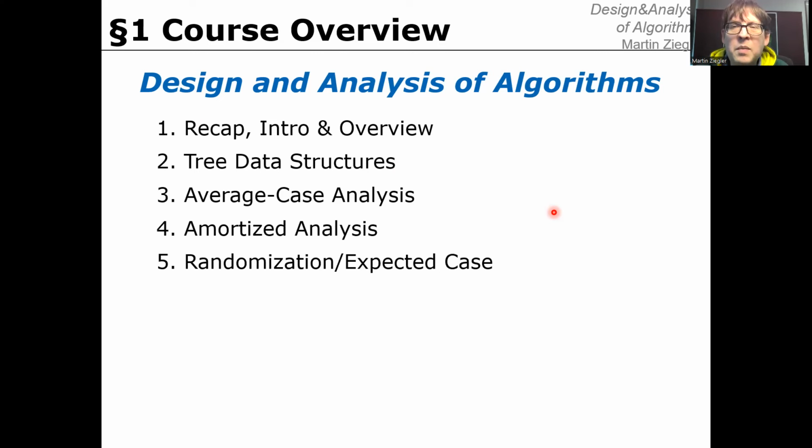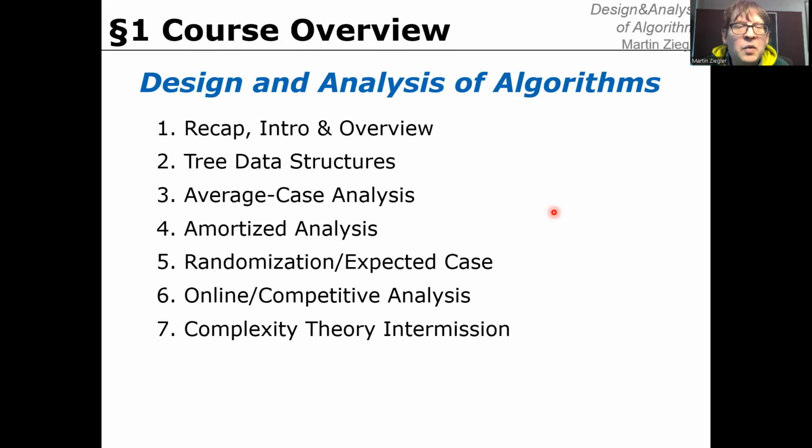Then we'll move on to randomized algorithms and expected case analysis, Monte Carlo algorithms, and for example, then we'll talk about online algorithms and their competitive analysis. Then we'll move on to approximation algorithms, but to motivate them, we will first briefly recall that some problems are NP-complete and therefore cannot be expected to be solved exactly in polynomial time, but some of them can be approximated in polynomial time.